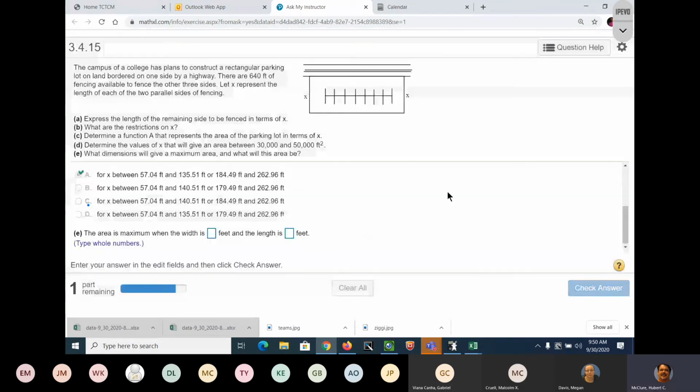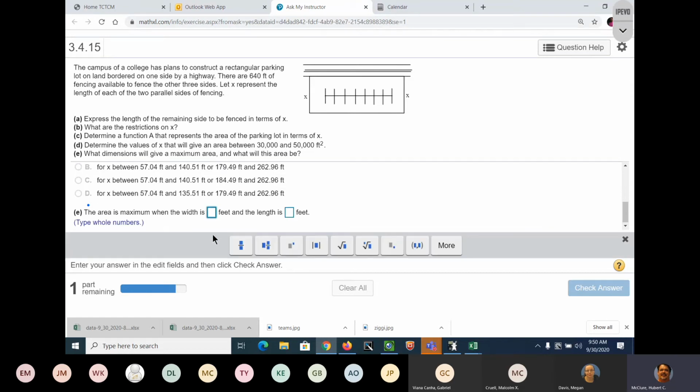The area will be maximum at 50,000, right? So at 50,000, the area is maximum. The width is 185 feet, and the length, I would say this is length, this is width, is 136.